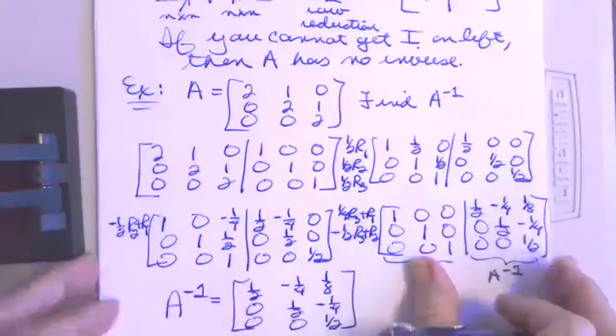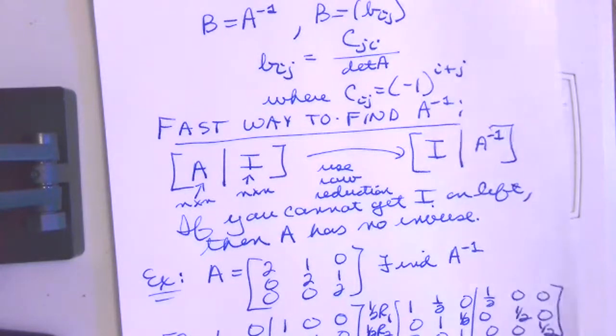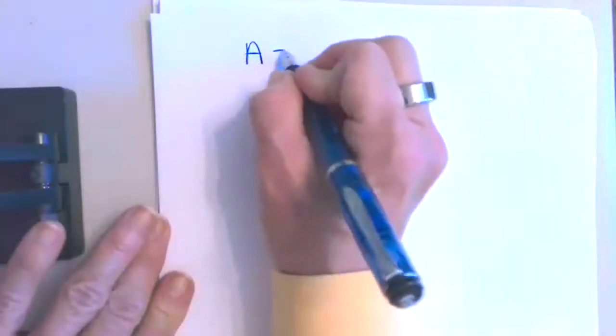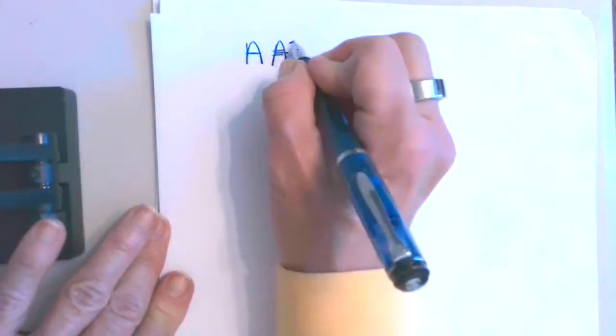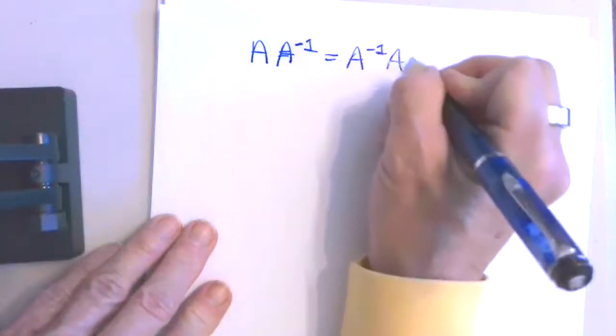Okay. And when I say A inverse, one thing I should have mentioned earlier is that when you have a matrix A inverse, what's true is that if you multiply, I left off a couple of properties I should have mentioned before. If you take a matrix and you multiply it by its inverse on the right or on the left, you get the identity matrix.